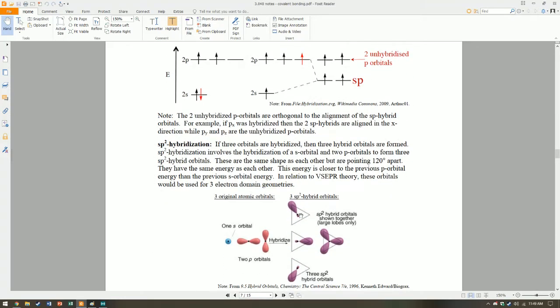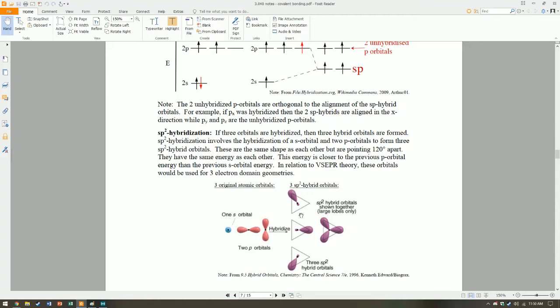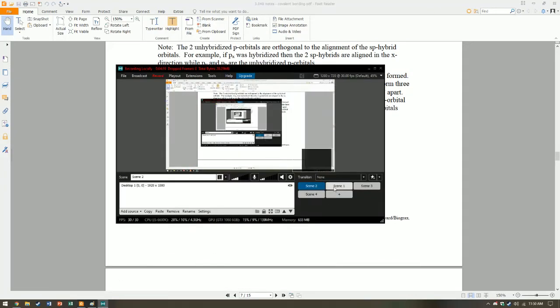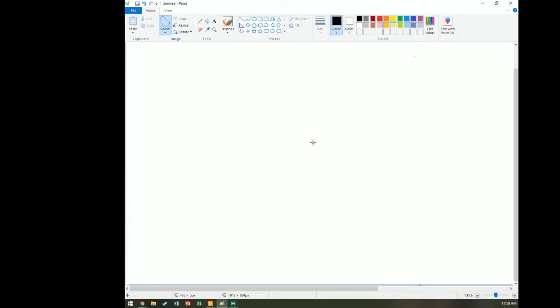sp2 hybridization works on a similar basis, and if I were to draw this out pictorially, here's two p orbitals. Oops. You would get something like that.